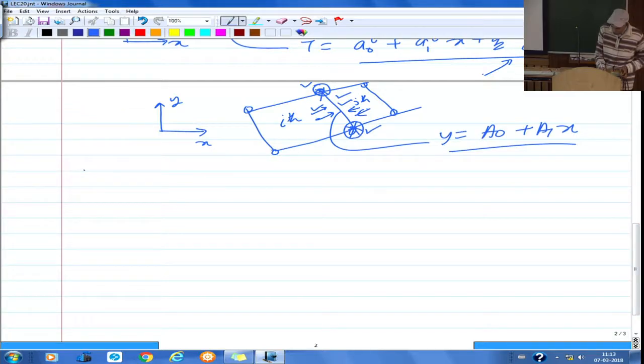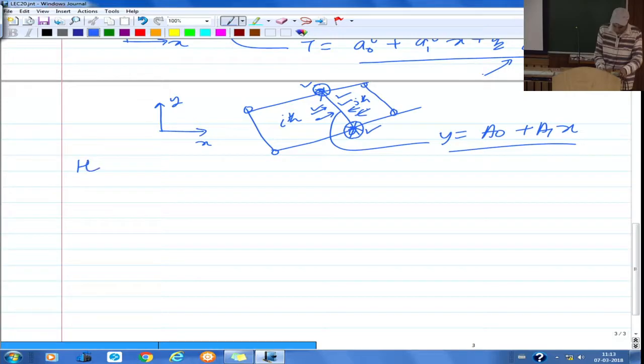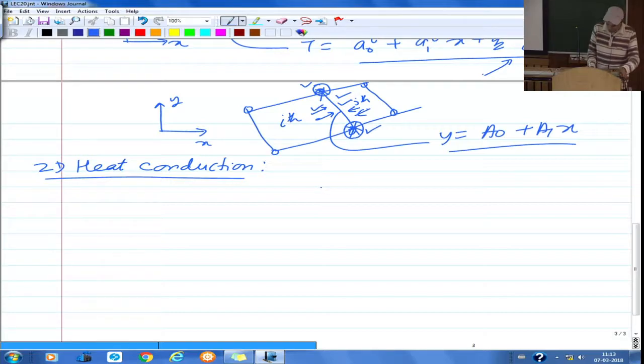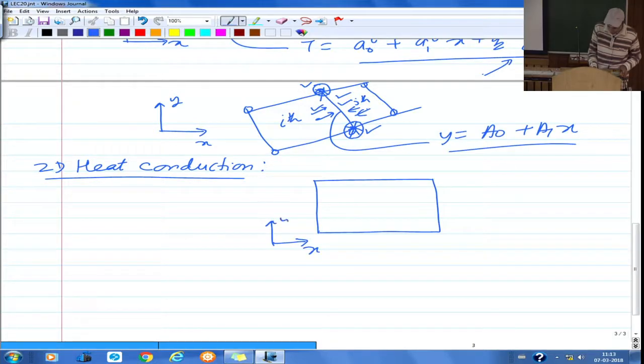So, let me continue with the formulation in 2D. Last class we had started 2D heat conduction, and I had derived the governing equation. First I said let us consider a rectangular domain, although actually the domain can be any arbitrary domain. Let us say you have some coordinate axes, need not be at the corner, they can be anywhere.